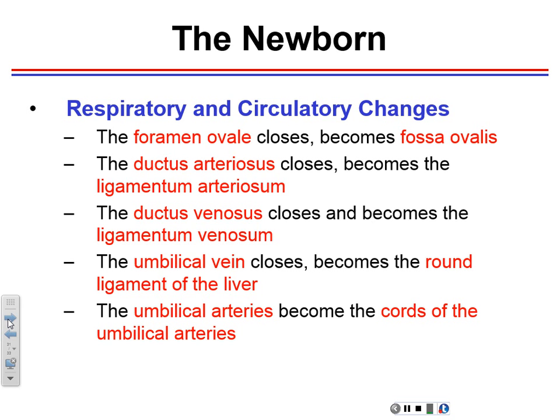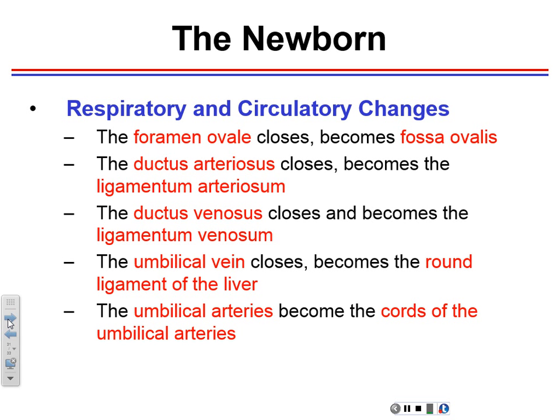And then the ductus venosus becomes the ligamentum venosum. It was shunting blood from the umbilical vein into the inferior vena cava, so that will stop. Blood is no longer bypassing the liver. Blood is going to go to the liver because it's going to start to do the work.